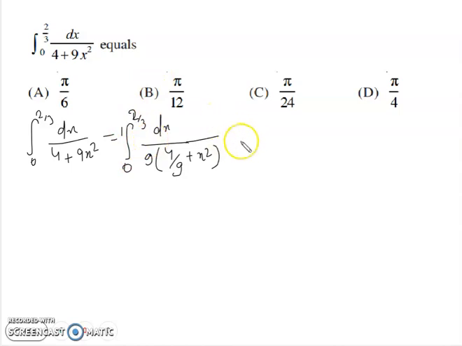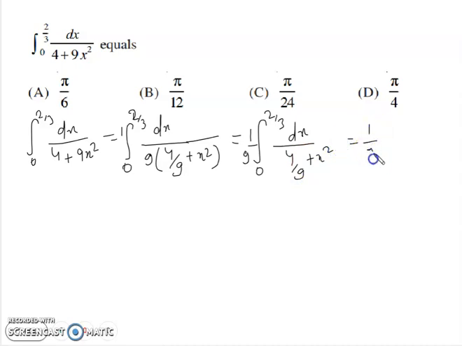So now you can write the integral from 0 to 2/3, and we can write 1 by 9 outside, okay. Are you getting my points? Okay. And now we can write dx by 4 by 9 plus x square, okay.